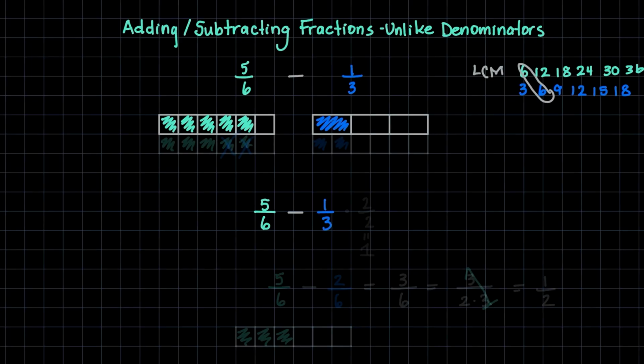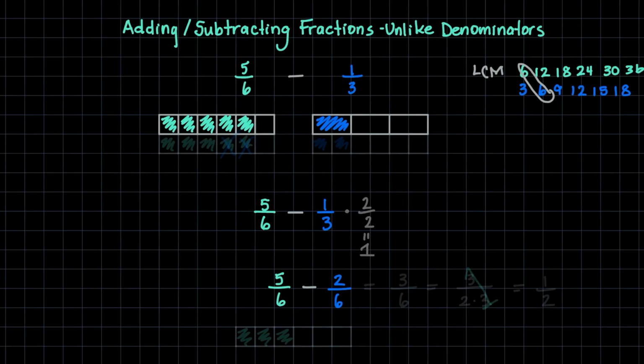I need to multiply 1/3 by a form of 1. 3 times 2 is 6, so my form of 1 is going to be 2 over 2. Remember, this is equivalent to 1. 5 over 6 minus 2 over 6.